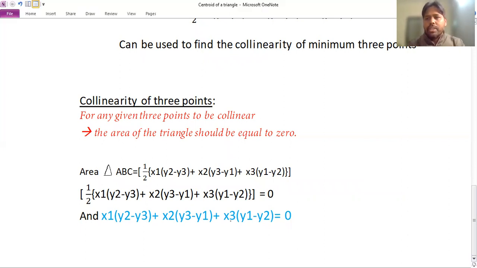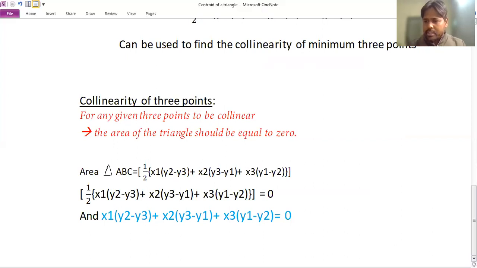So if we get this expression on the left hand side equated to 0 on the right hand side, then only we can say that these 3 points are collinear to each other.